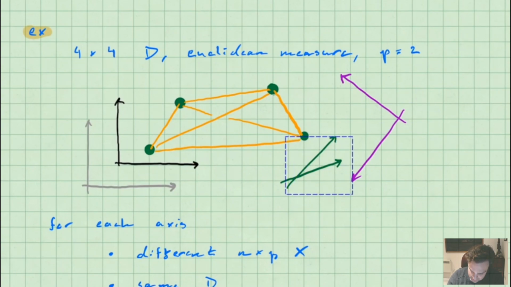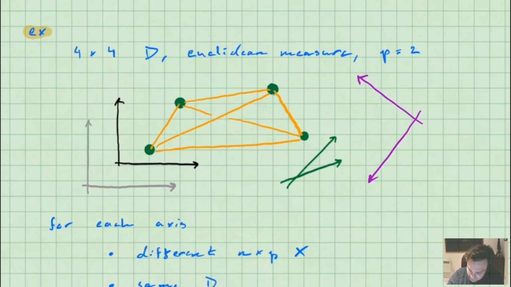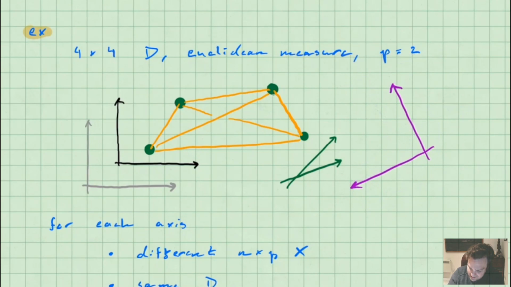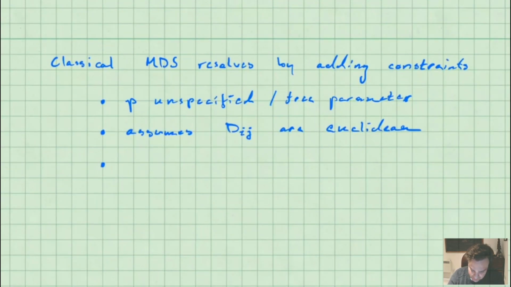Let's try this. There we go. You could just move this wherever you want, right? So that's changing its origin. Or changing its orientation. I can do all those things, right? And so the way that classical multidimensional scaling does this is it has a scheme for choosing the origin and the orientation.